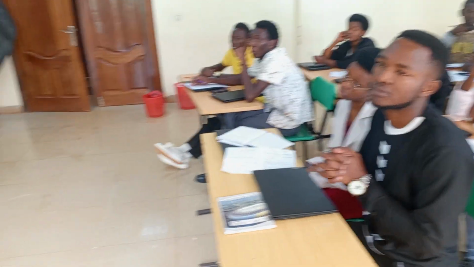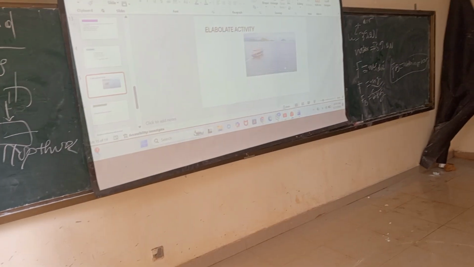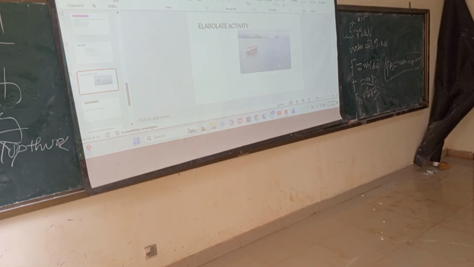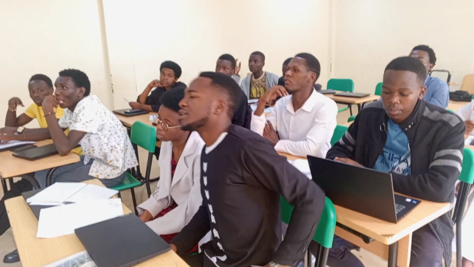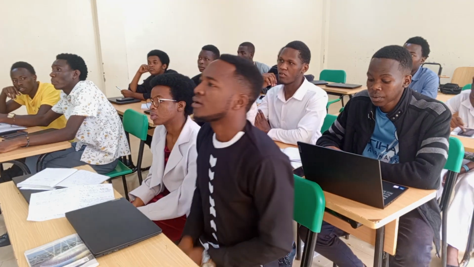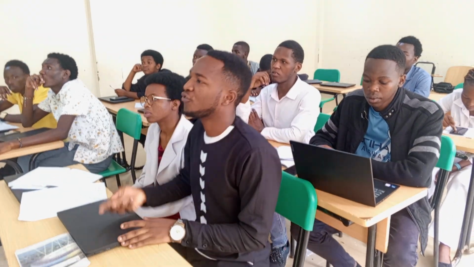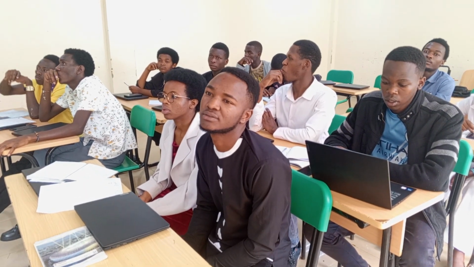According to what you have studied, why do ships float on the water? Gilbert: Ships float on water because the density of water is greater than the density of ships, or because of the upthrust force.